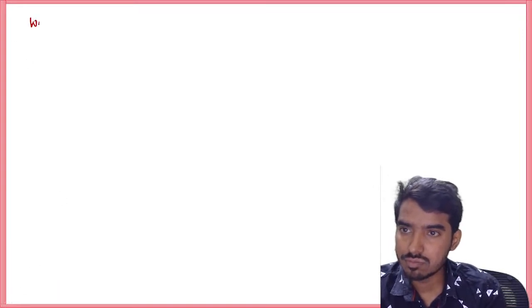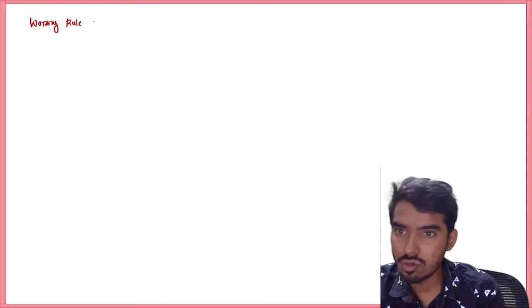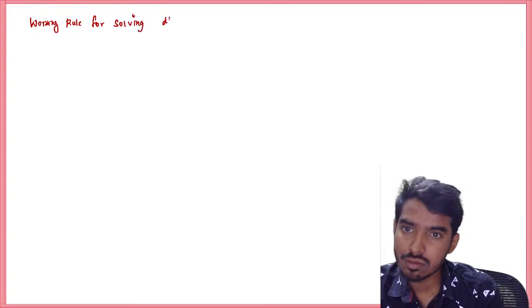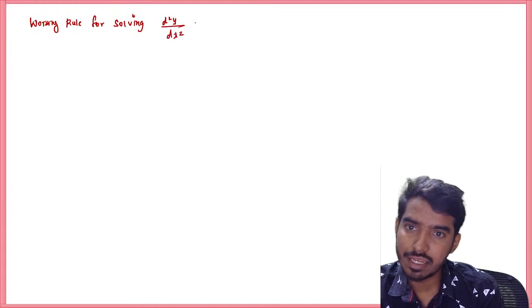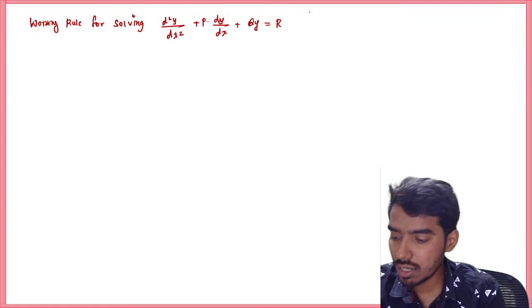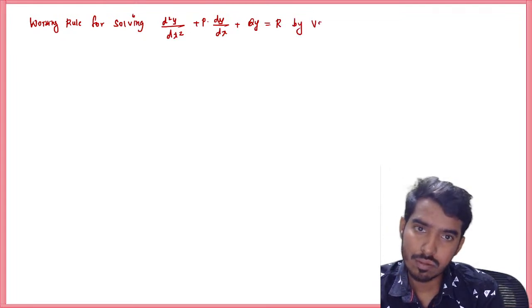Working rule for solving d square y by dx square plus p into dy by dx plus qy is equal to r by variation of parameters.